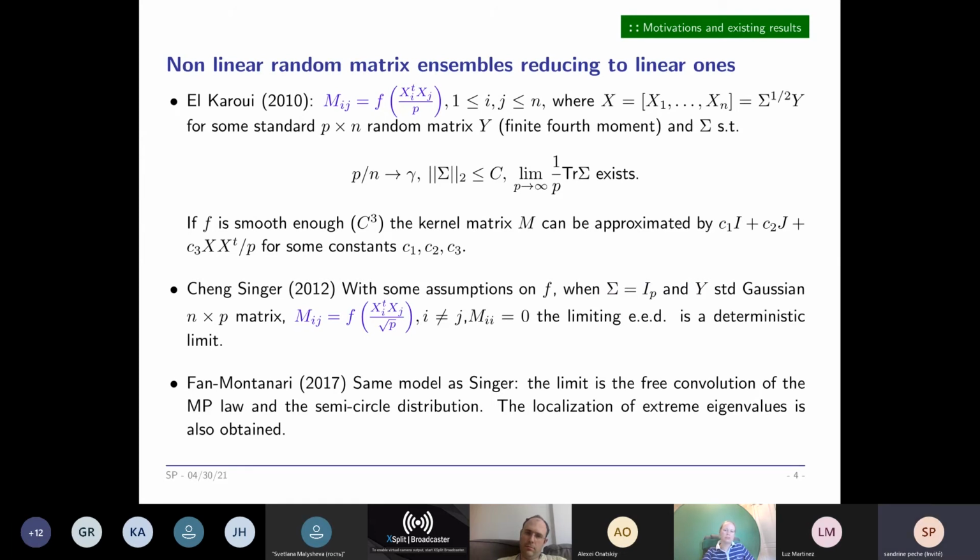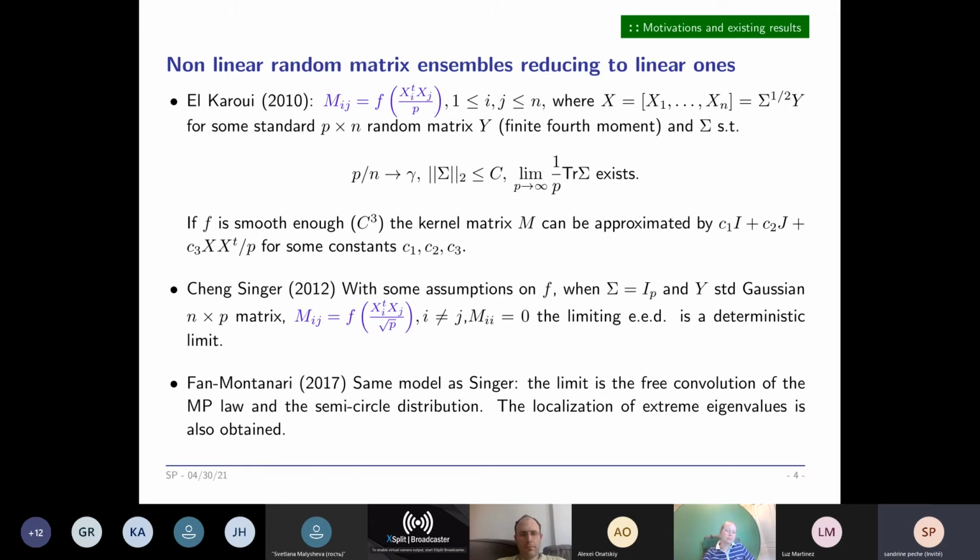Okay, so the first result actually of this kind goes back to Noureddine El Karoui, who studies some kernel random matrices.